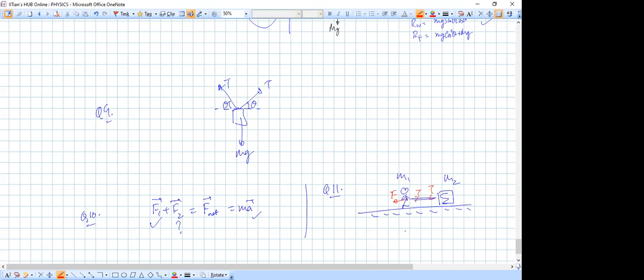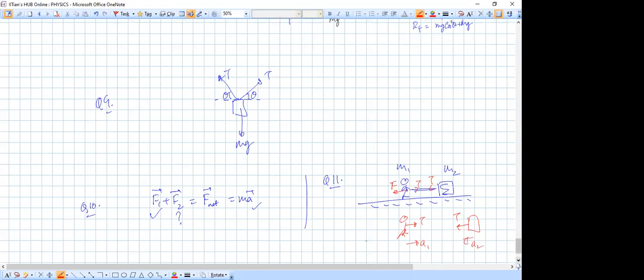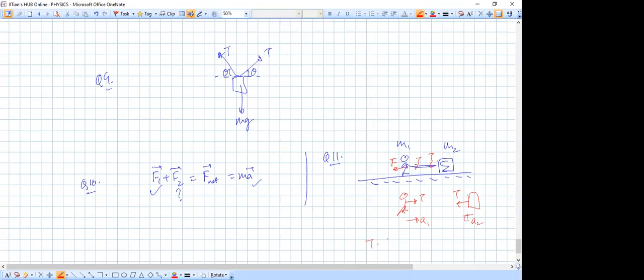So on the person, there is tension T. On the block, there is tension T. So the person has an acceleration A1, the block has an acceleration A2. So that tension is equal to F is equal to M1 A1 equal to M2 A2. So from this you will find out the accelerations.